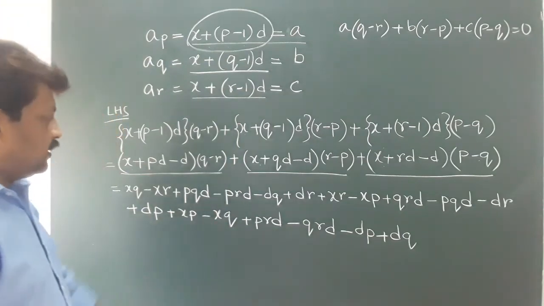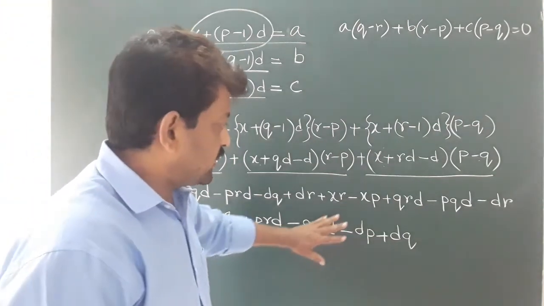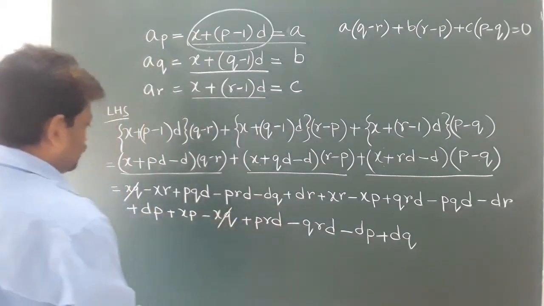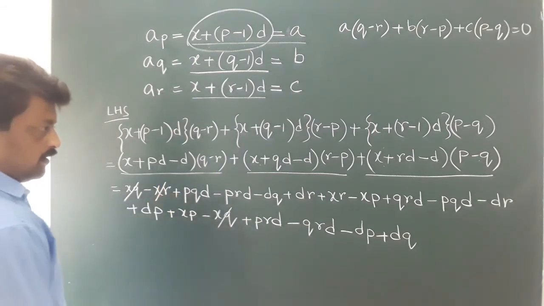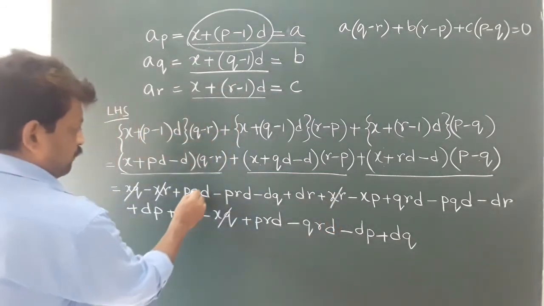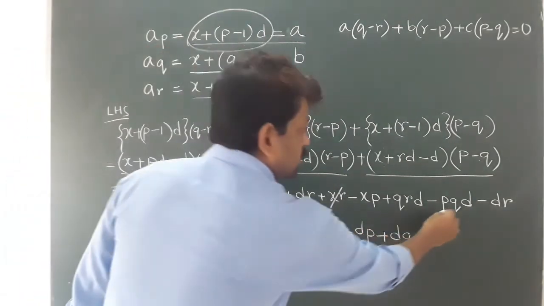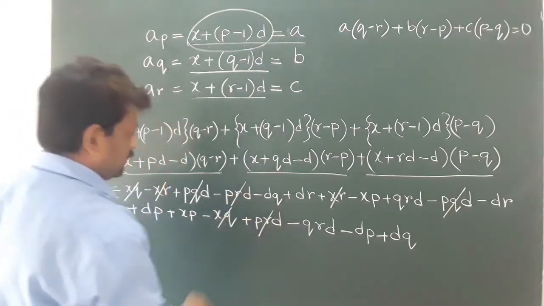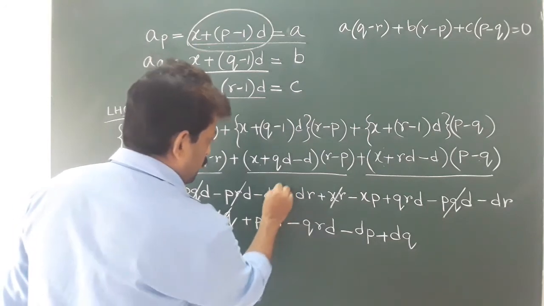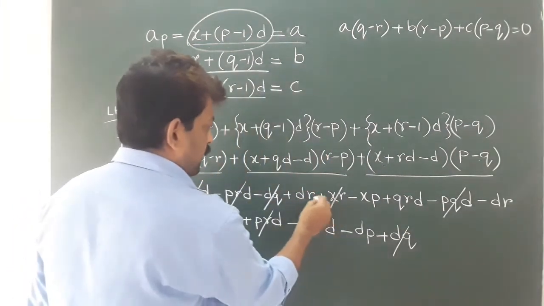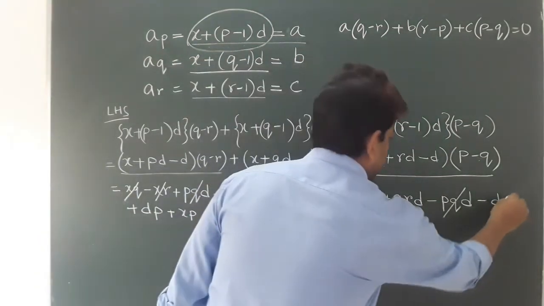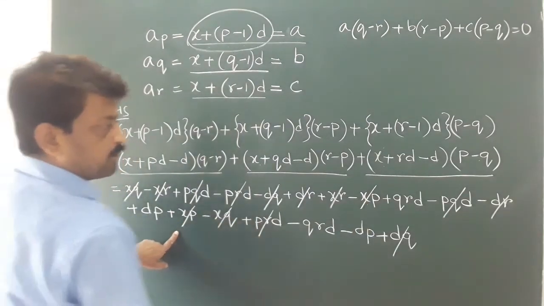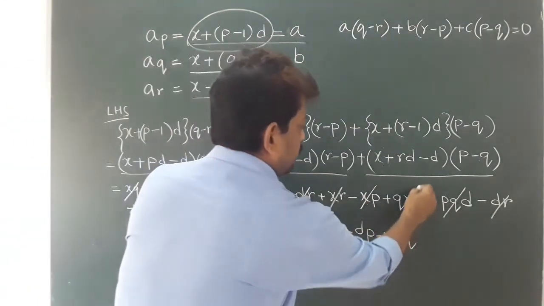Okay, now let me check what are the things which can be cancelled from here. So plus x cube and minus x cube cancelled, minus xr plus xr cancelled, plus pqd minus pqd cancelled, minus prd and plus prd cancelled, minus dq plus dq cancelled, plus dr minus dr cancelled, minus xp plus xp cancelled, plus qrd minus qrd cancelled.